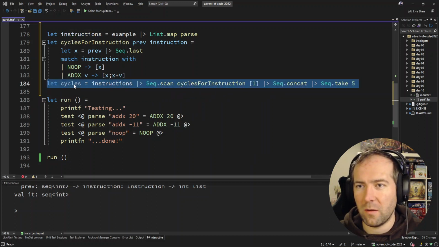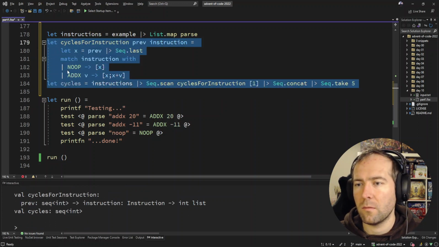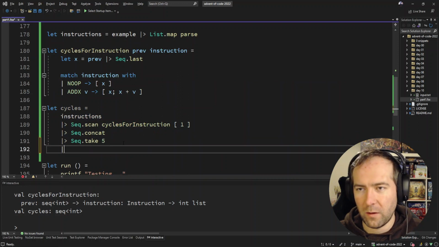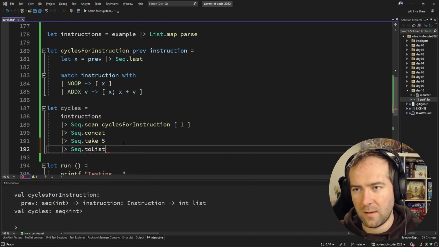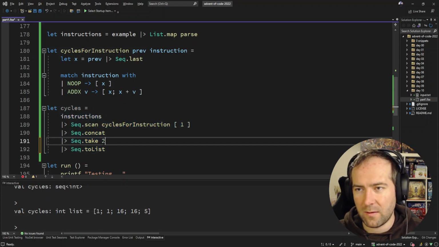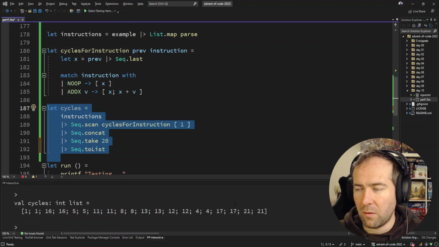So these should be all the cycle values. Let's list it to see what we have in here. 1, 1, 16, 16, 5, and let's take 20 as the example suggests. 21, 21.